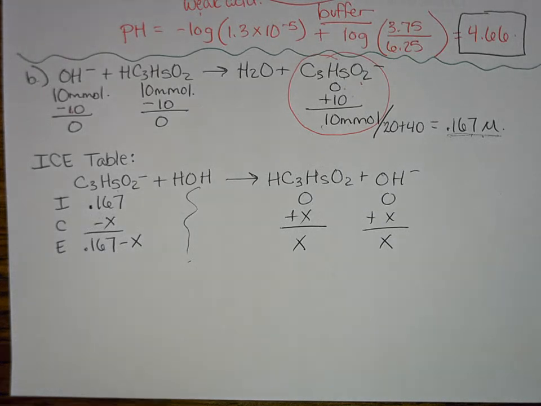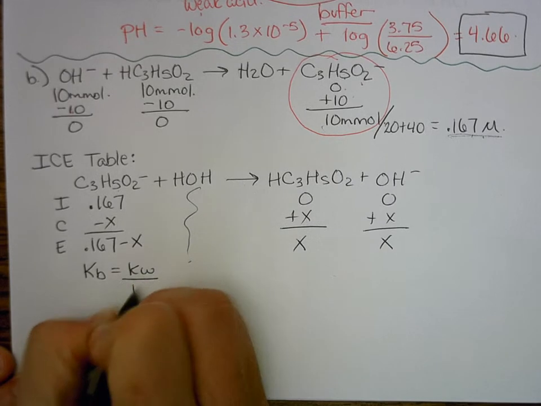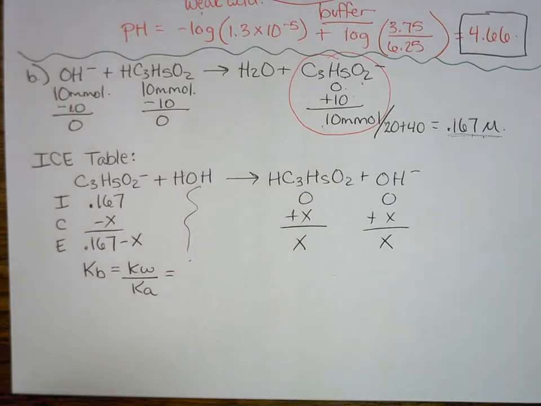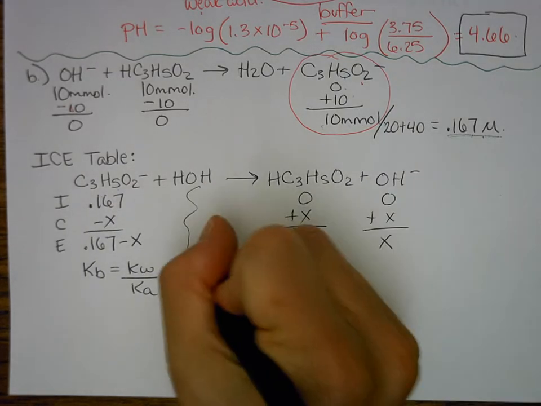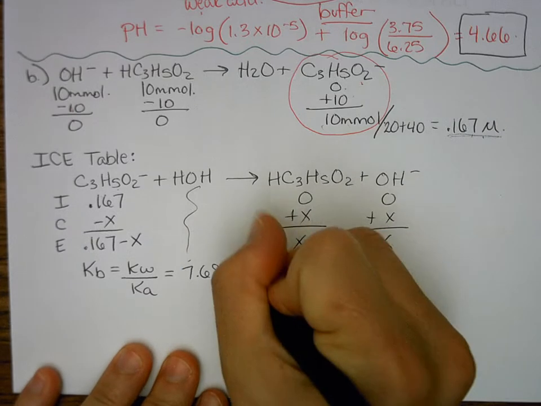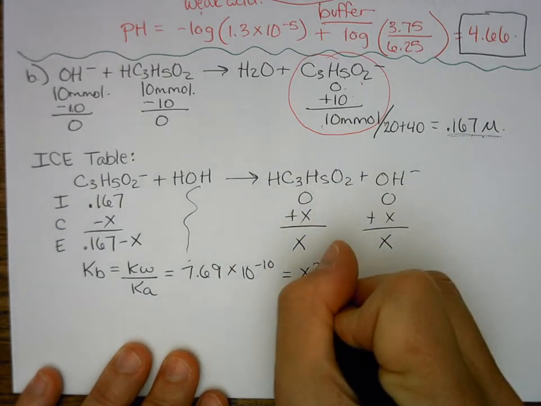So you've got to figure out Kb first, because the solution is basic and not acidic. When you do that, you get 7.69 times 10 to the negative 10th, which equals X squared over 0.167.